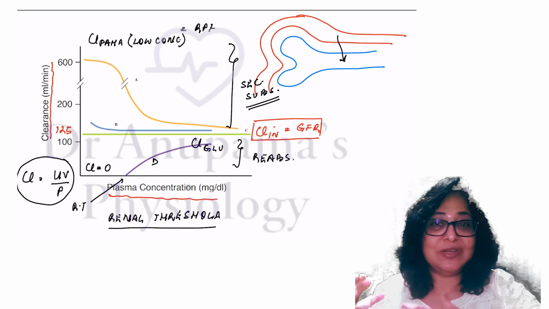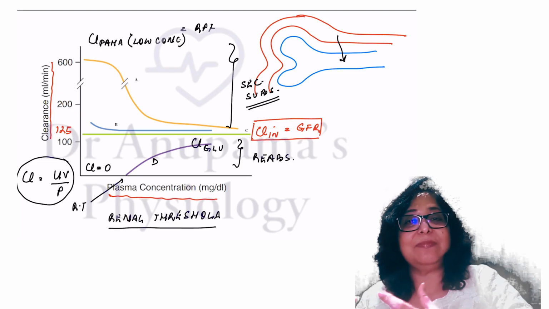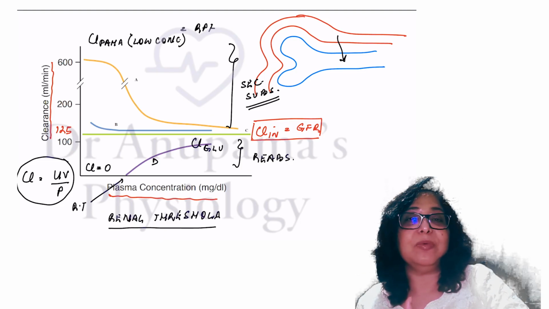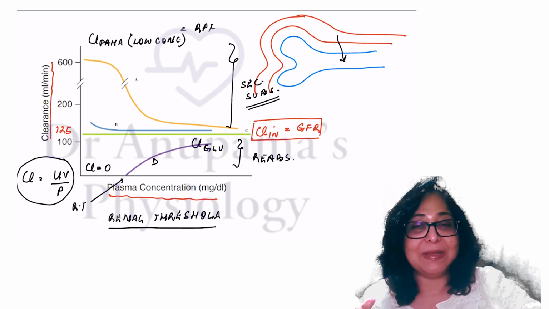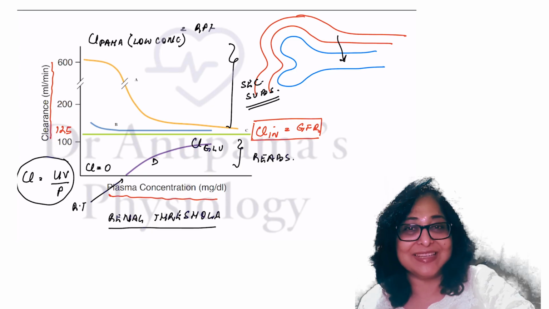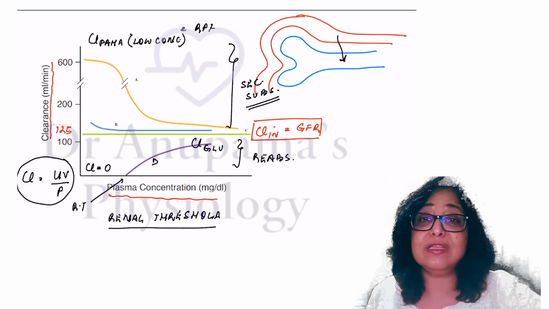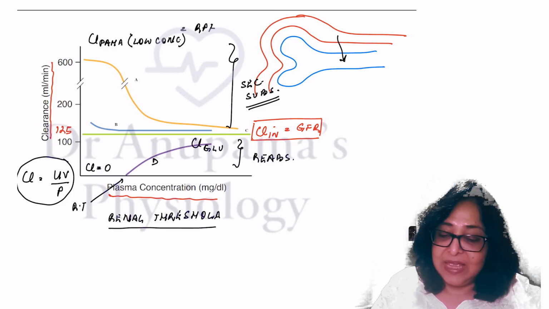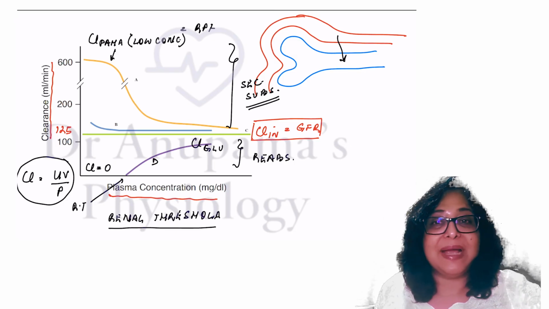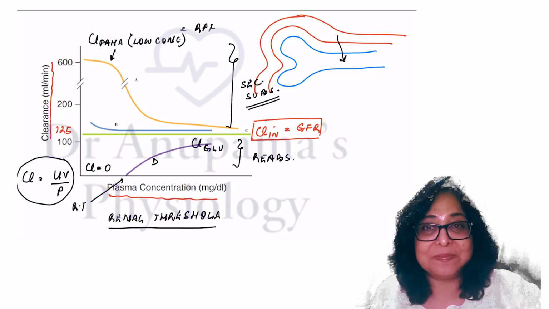So carrier proteins tend to get saturated. So as the plasma concentration of para-aminohippuric acid increases, the secretion decreases. That means clearance decreases, but will always be more than the clearance of inulin because at least some secretion is taking place. So A is the clearance of para-aminohippuric acid.